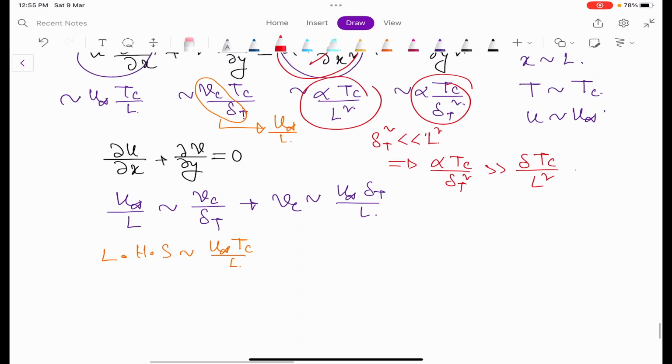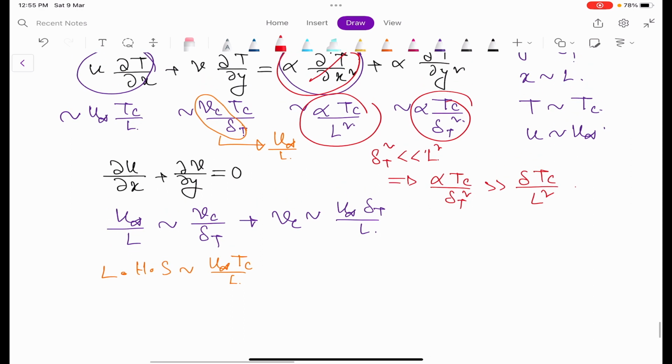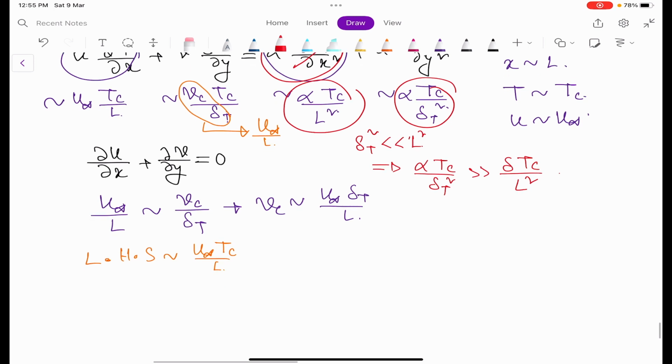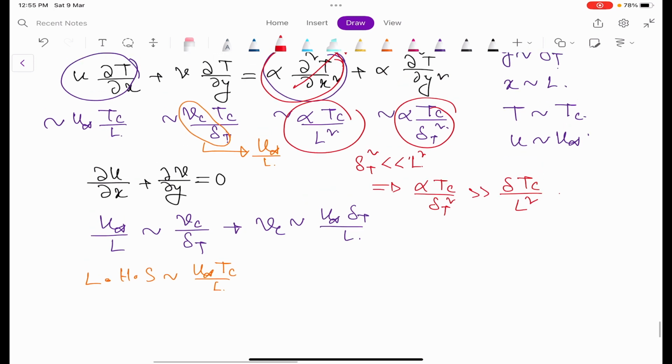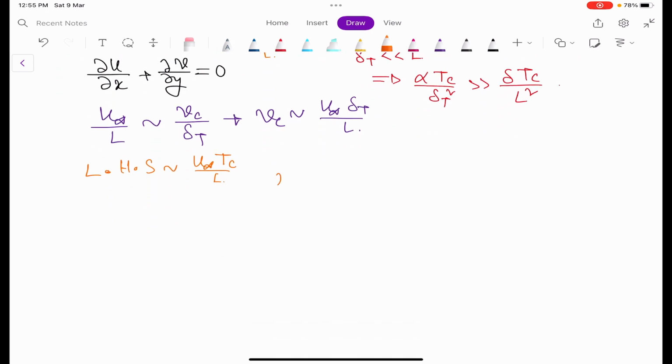Then the equation becomes what? We have already neglected this term. The right hand side is scaling with alpha Tc by delta t square. That means the LHS has to compete with the RHS.